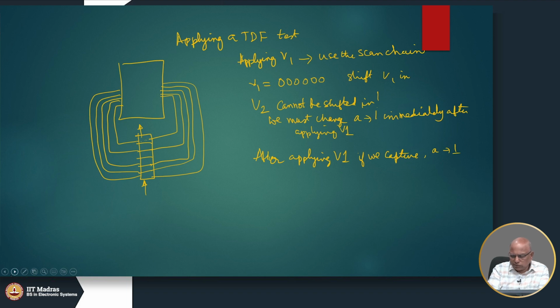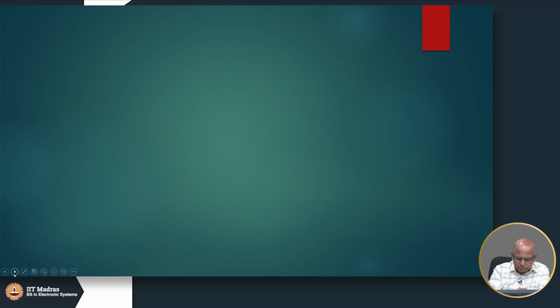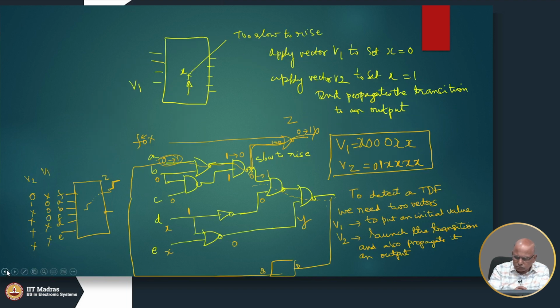So, if we do like this, then A will go from 1 to 0. And it will cause this transition to be launched, and it will be visible at this output. So, let us say this goes to another flip flop, something like this. I hope this is clear.